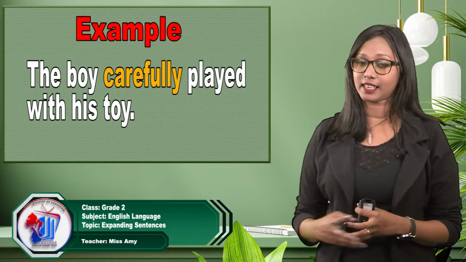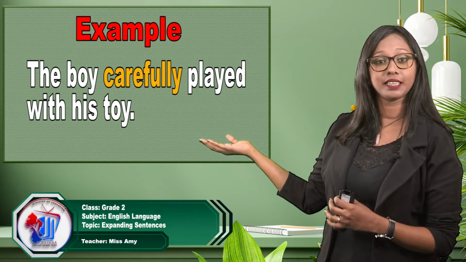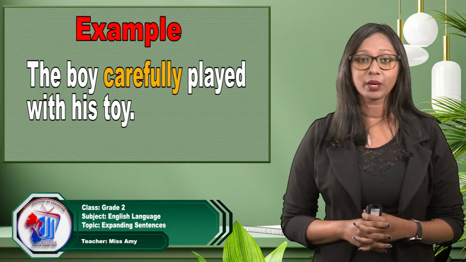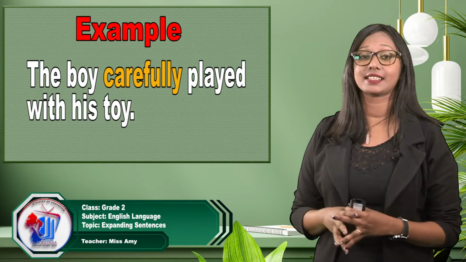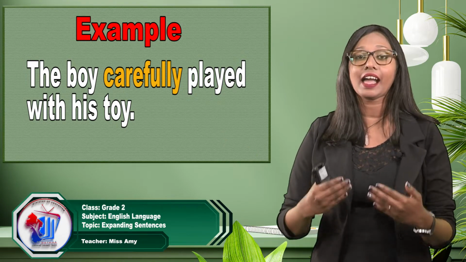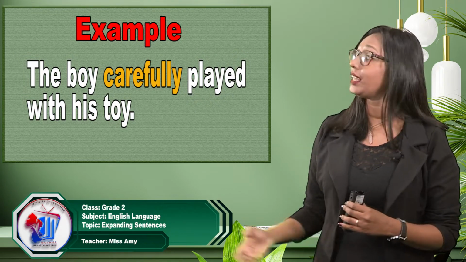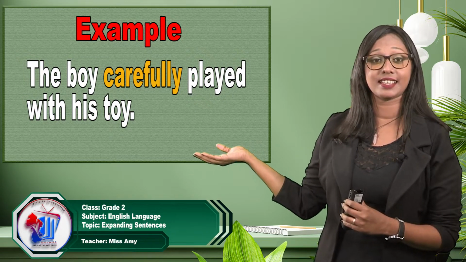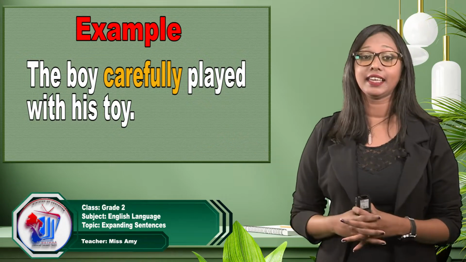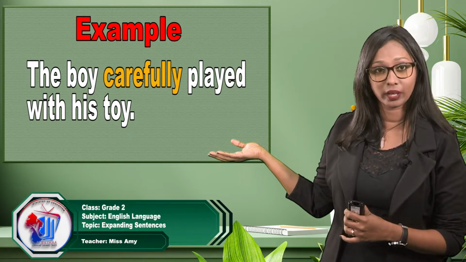So we can say the boy carefully played with his toy. So that word there, carefully, is an adverb because it is telling us how the action was done. So let us take a look at the sentence again. Now we have the boy carefully played with his toy.